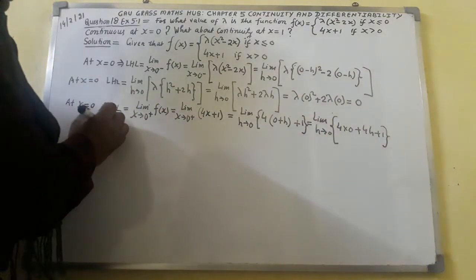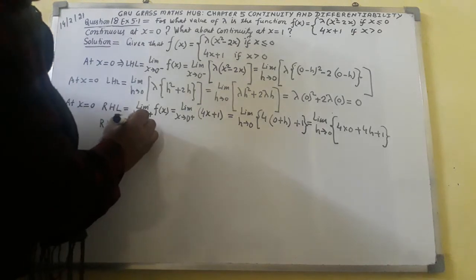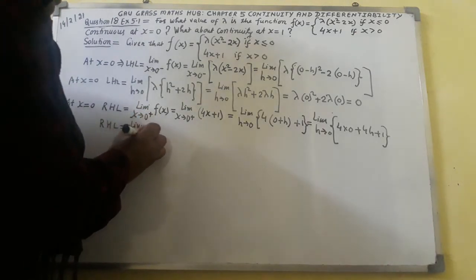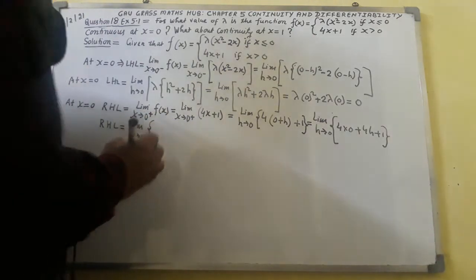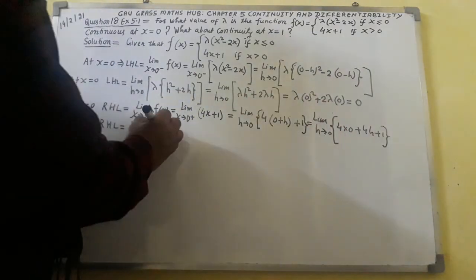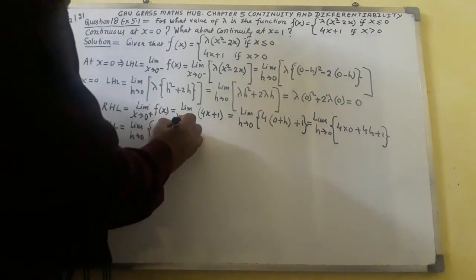Right hand limit equal to limit h tends to 0 of 0 plus 4h plus 1.